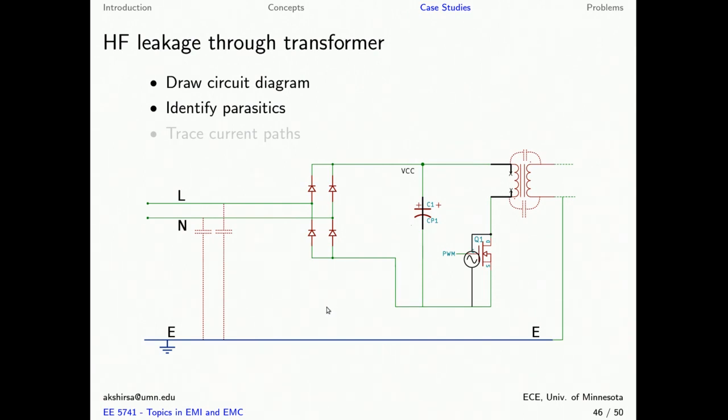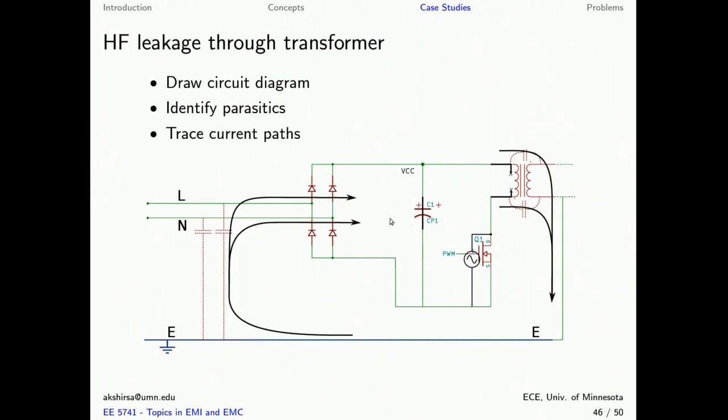Now we know that the inductor is an open at high frequency, which is what is shown here, and the capacitances are near shorts, and you can see that this large capacitance will present a near short at high frequency. Now let's trace the high frequency current path, which will show us common mode currents.